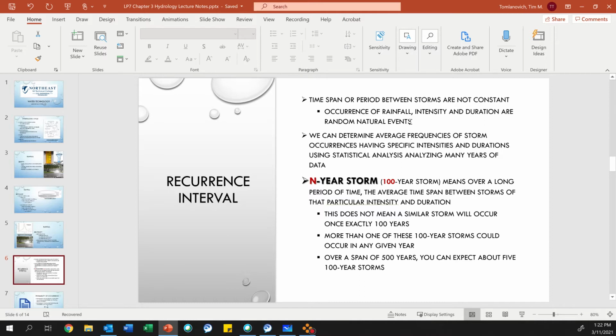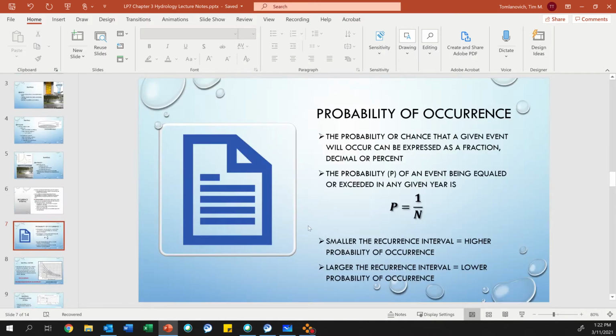So that's that return period or recurrence interval. A 100-year storm has a different intensity and duration versus a 5-year storm. Okay, so that's how they categorize these storms.